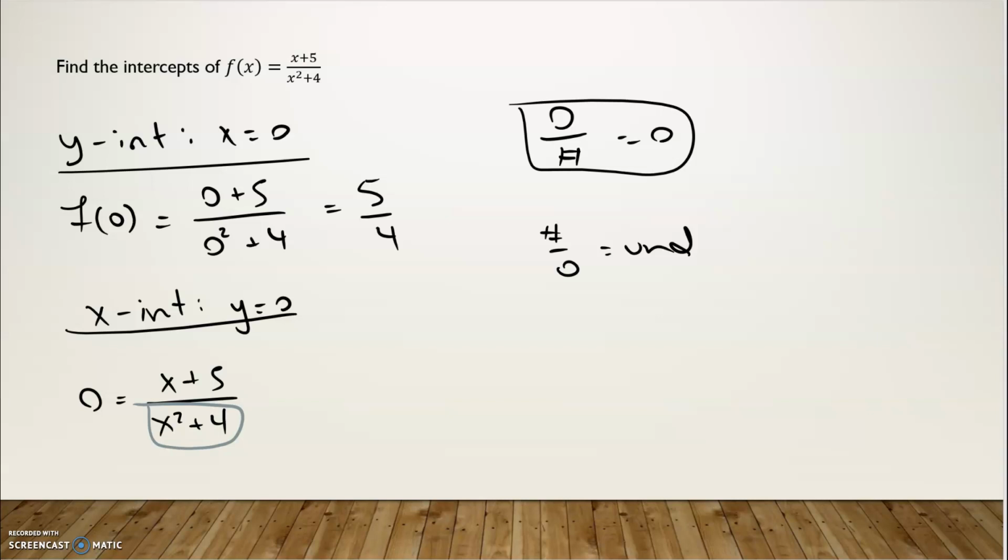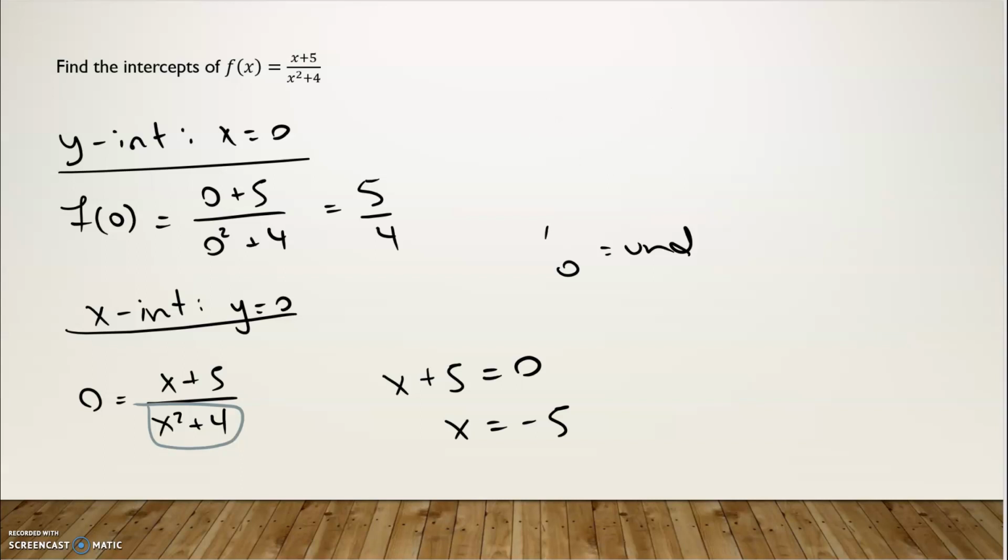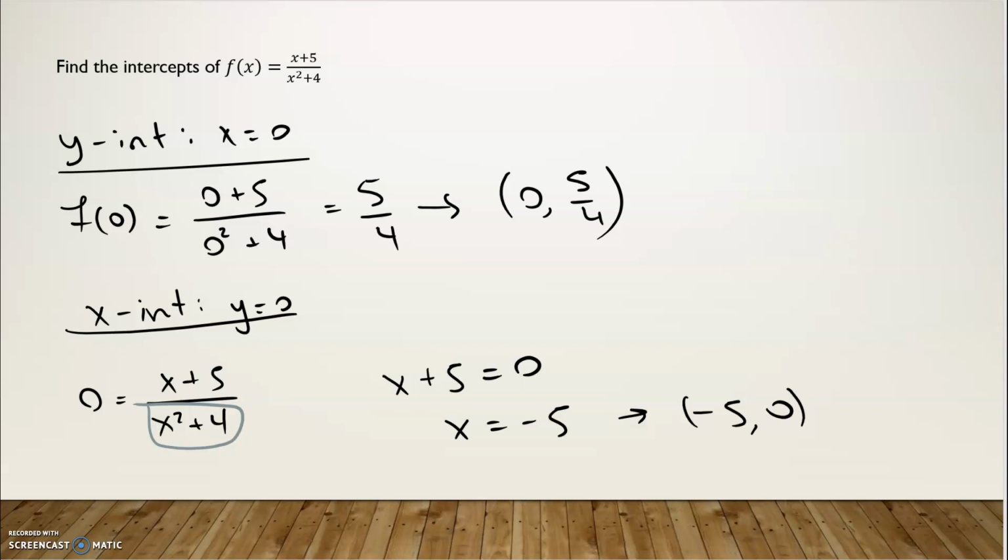So we're going to take the x plus 5 and set that equal to 0 and solve for x. So that's going to give us our x-intercept. So our x-intercept is -5. So if we were going to write this in ordered pairs, for this one it would be 0, 5 over 4. And then for this one, it would be -5, 0.